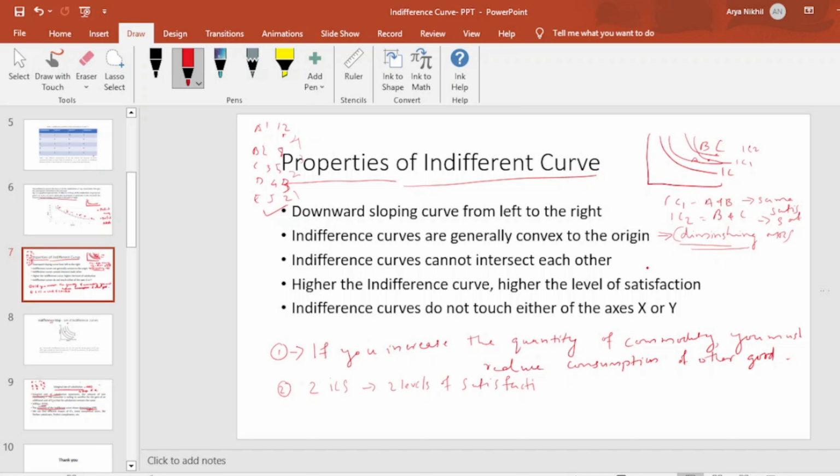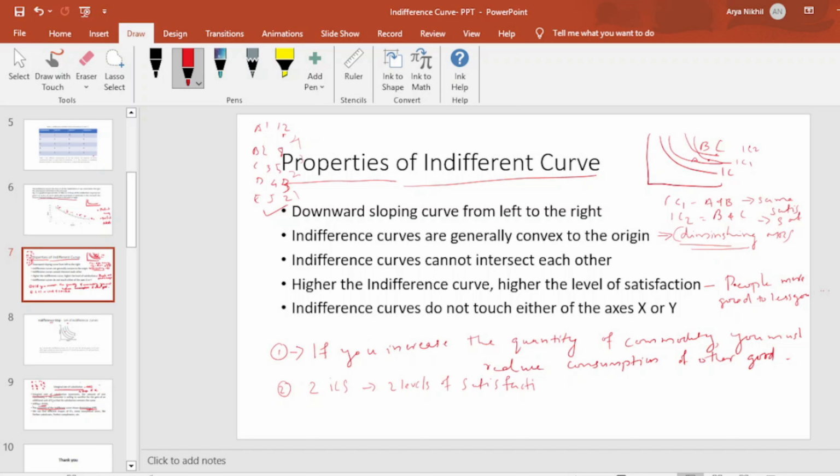indifferent curve concept. The fourth one is higher the indifferent curve, higher the level of satisfaction. We know that people prefer more goods to less. So more goods give more satisfaction to the people. I get more satisfaction if I have 2 cups of cappuccino than 1 cup of cappuccino.